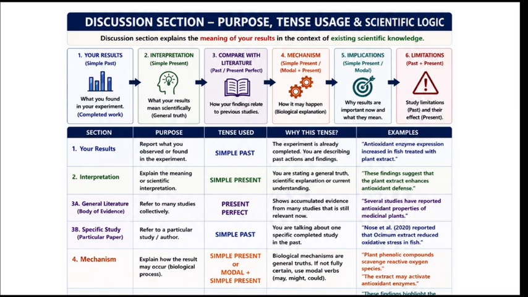When we use the present perfect tense, we say that previous studies have shown that plants regulate oxidative stress damage in aquatic organisms, or some such statement. Two things we have to understand here. One is that when we use the present perfect tense, there is accumulated knowledge in that.